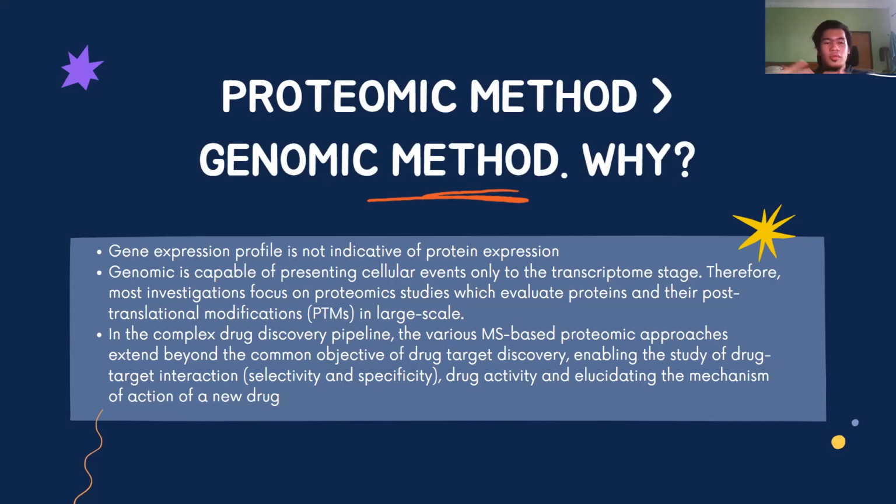Therefore, most investigations are focused on proteomic studies, where we evaluate every protein of interest and its post-translational modifications on a large scale. PTMs contribute a lot when you want to analyze a protein, because some proteins change shape or are modified, like PTM processes that change protein structure. Using proteomic techniques also enables you to do that on a large scale.